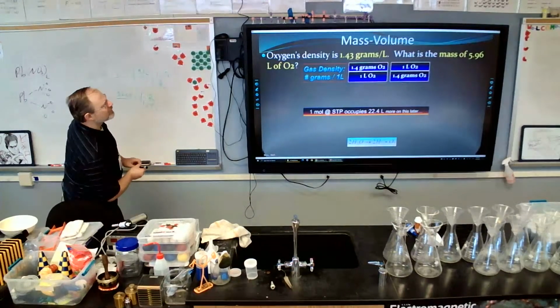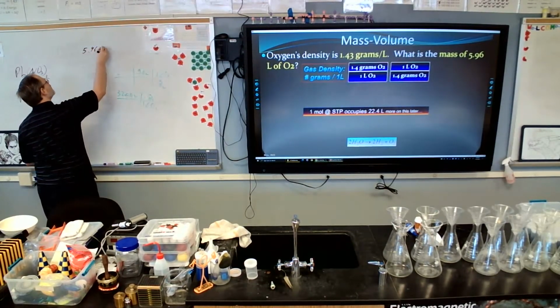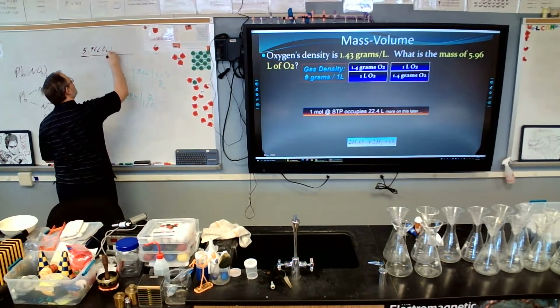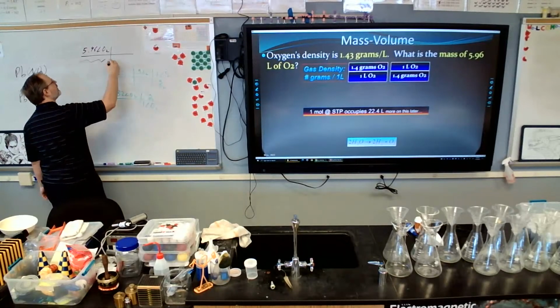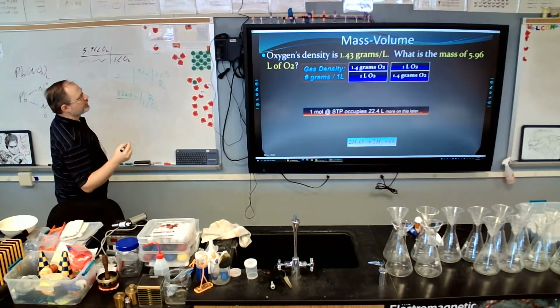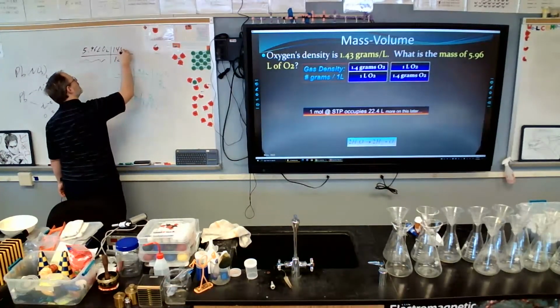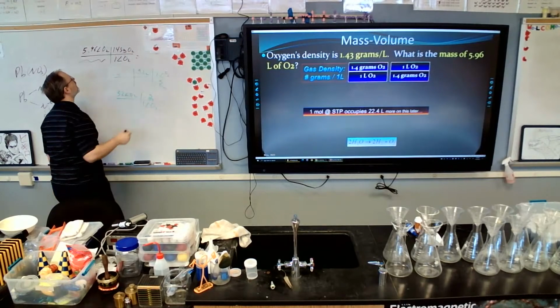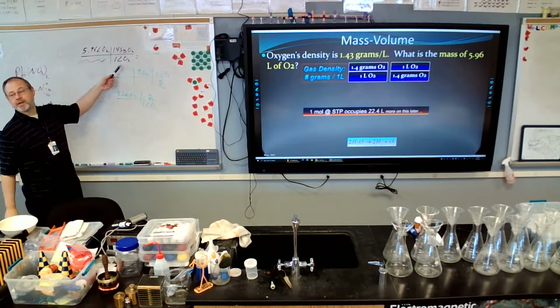We have 5.96 liters of O2, and that can be easily converted into grams by realizing that for every 1 liter of O2, the density is 1.43 grams of O2. So it's just that simple. If you have liters up here, you're bringing liters down here.